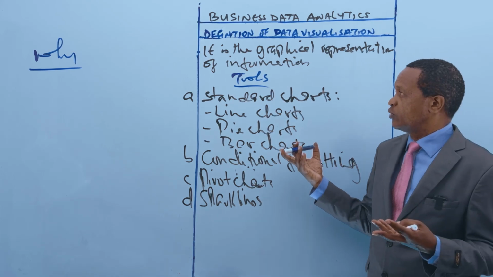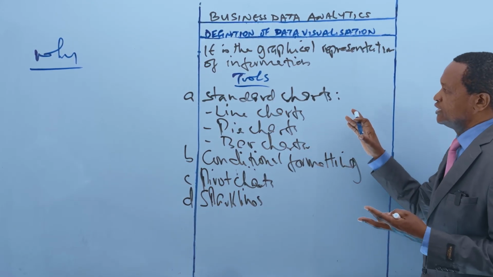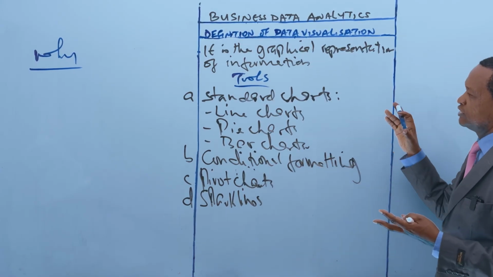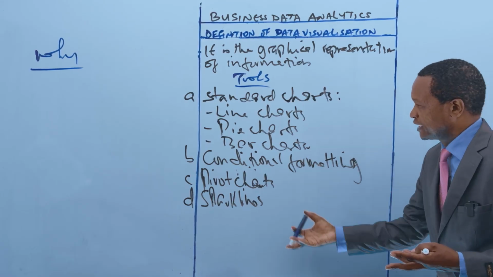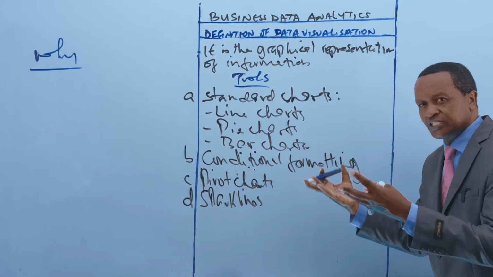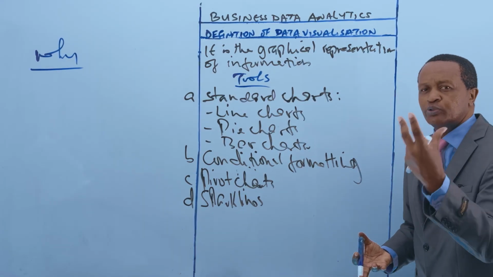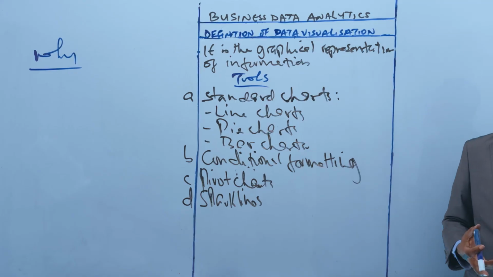That's why when data is presented in charts, in bar charts, pie charts, line charts, pivot charts, in sparklines, it becomes very easy for the human mind to process and understand that data very quickly.